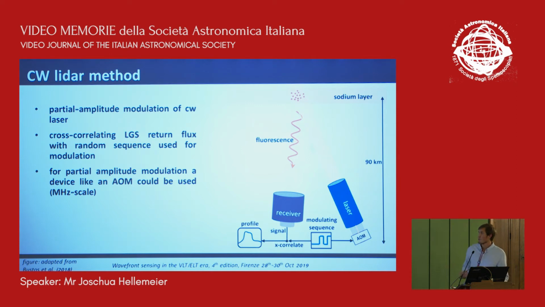The method works by a partial amplitude modulation of a continuous wave laser. The amplitude is modulated by a device like an acousto-optical modulator. We have tested, and it has been shown, that an acousto-optical modulator can modulate the amplitude on a megahertz scale.